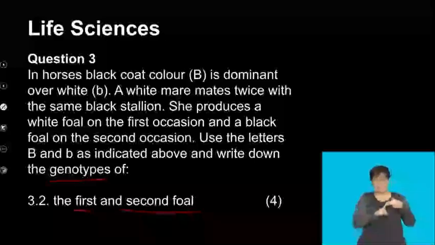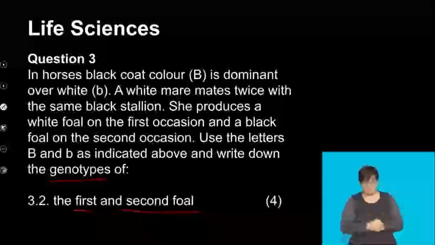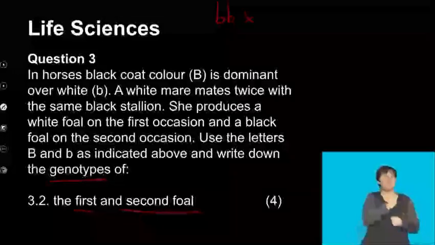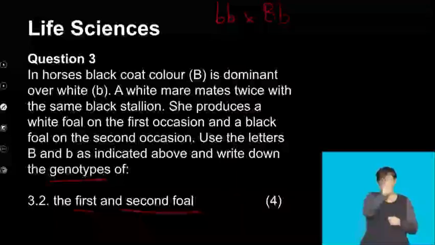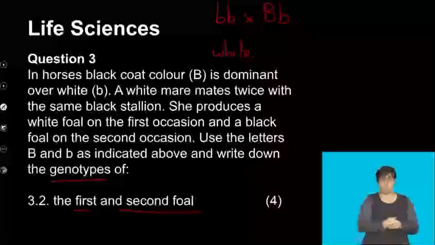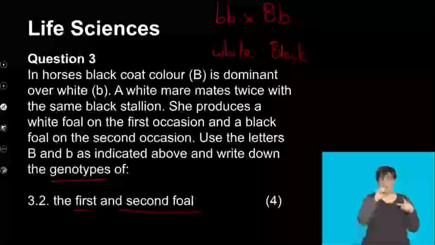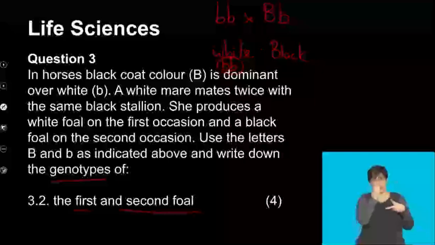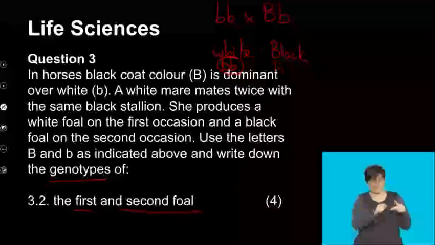If you go back to the question, the first foal, if we look at the parents, we said was white crossed with a black who is heterozygous, and they produced a white foal on the first cross, and they produced a black foal on the second cross. We know that white can only be that, and we know that black could be either.